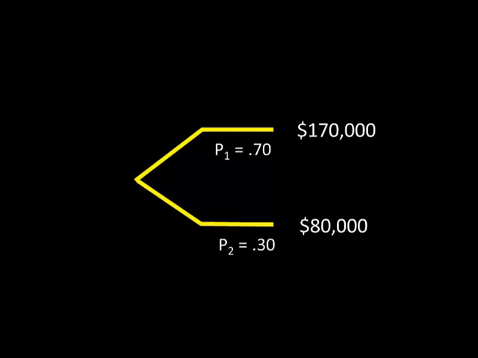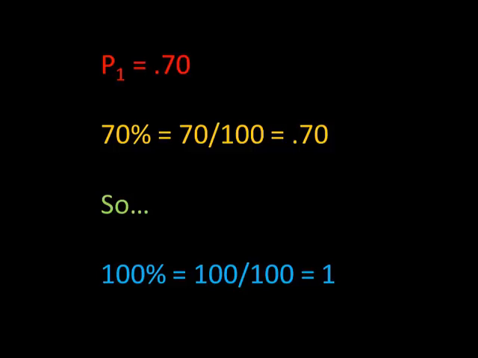Uh-oh, subscripts here, don't freak out. You've got P subscript 1 equaling 0.70, and then P subscript 2 equaling 0.3. Let's talk about that for a moment. About these probabilities and these subscripts, don't worry about it. If you think about it, the P with the subscript 1, that's our probability 1.